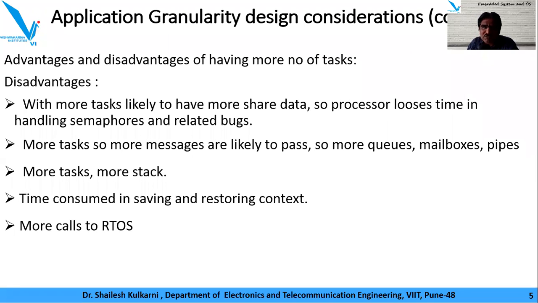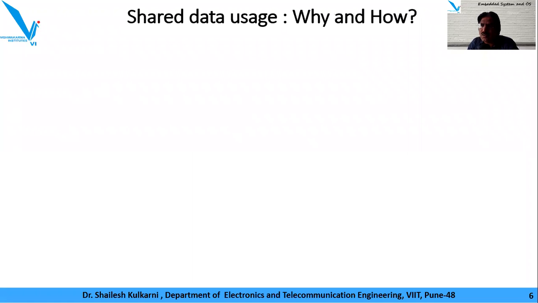Okay. So after discussing this disadvantage, let's move on to understanding the shared data issues. Why did we discuss fragmentation or granularity earlier? Because unless at the very first stage we understand how many tasks an application should have, we won't be able to proceed. There is no golden rule for how many tasks an application should have.